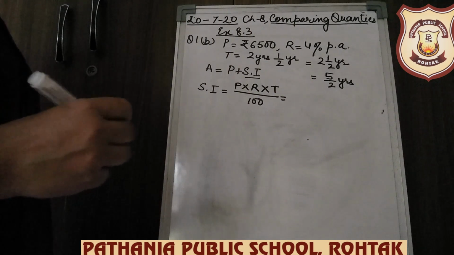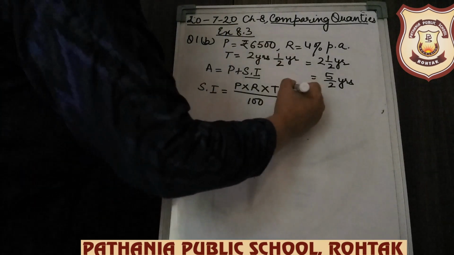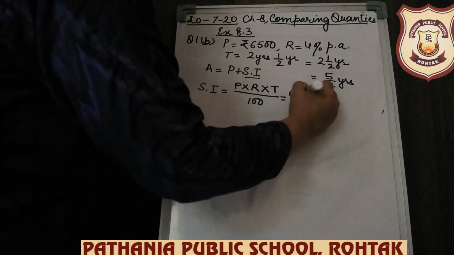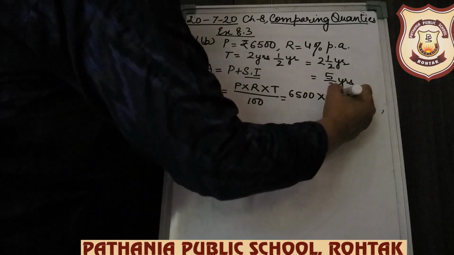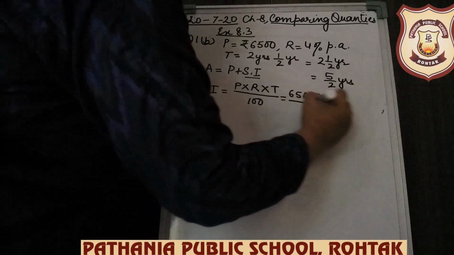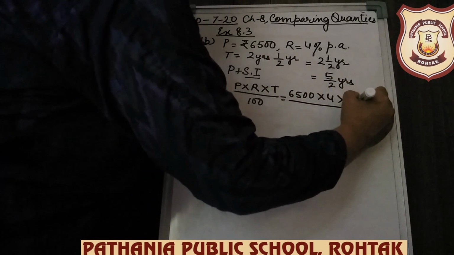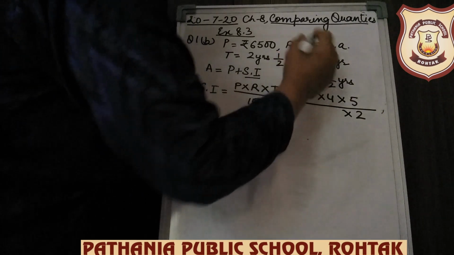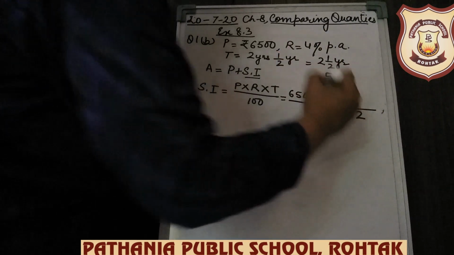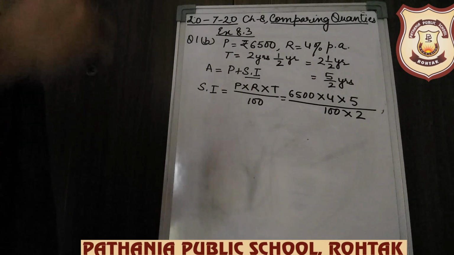Is this clear? Now put the values. Principal is 6500, rate is 4, time is 5/2. So 2 will come in the denominator and 100 for the rate. Is this clear now?